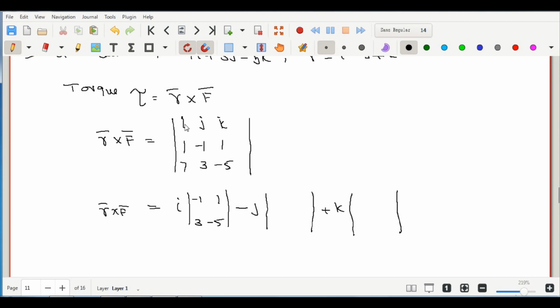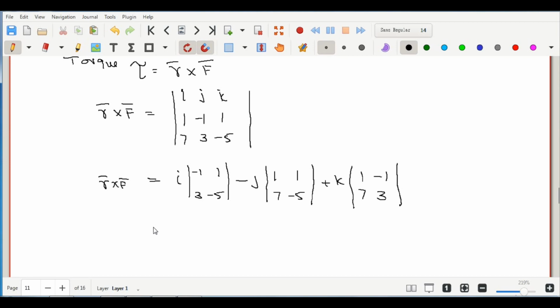For j, cancel these terms, we have to write these two and these two, that is 1, 1, 7, minus 5. Now k, remove these terms: 1, minus 1, 7, 3.